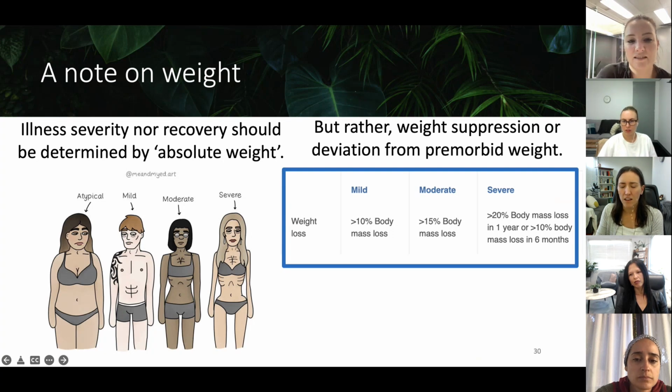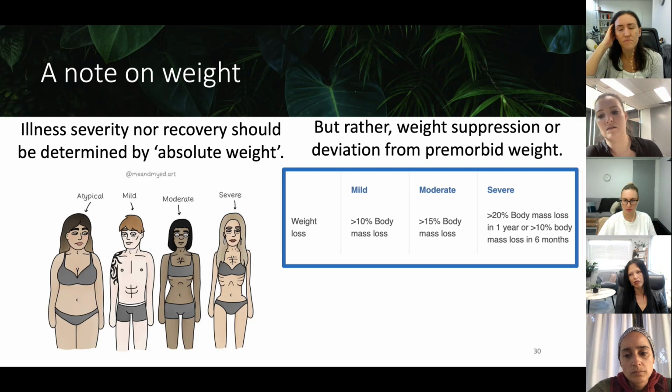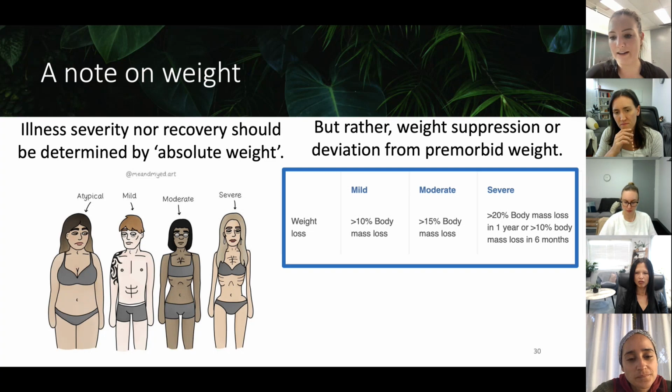It was from a guideline. Adolescent, what was it called? The something adolescent guidelines in America, anyway. Yeah. So they were supporting a move towards someone's deviation from their pre-morbid weight as being more indicative of mild, moderate, or severe severity, as opposed to just absolute weight in and of itself.